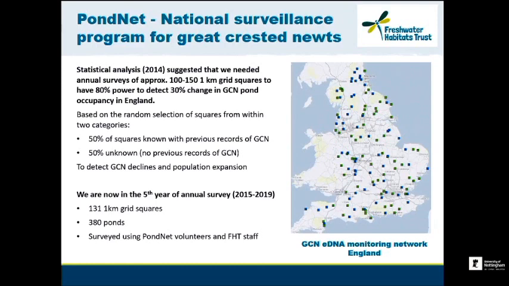They've set about with funding from DEFRA and Natural England to undertake this work. So every year they've sampled the same 131 grid squares, which is 380 ponds, to look for changes in pond occupancy.